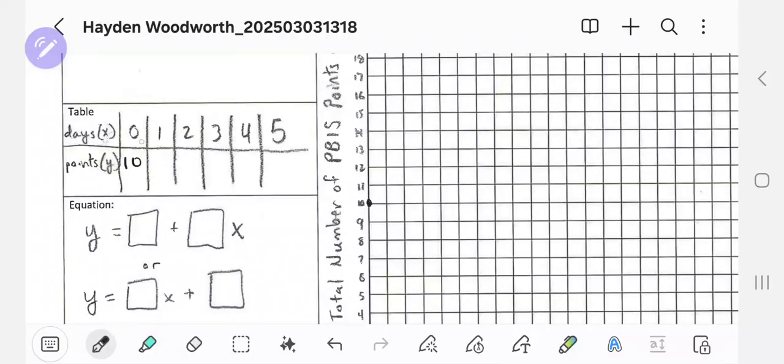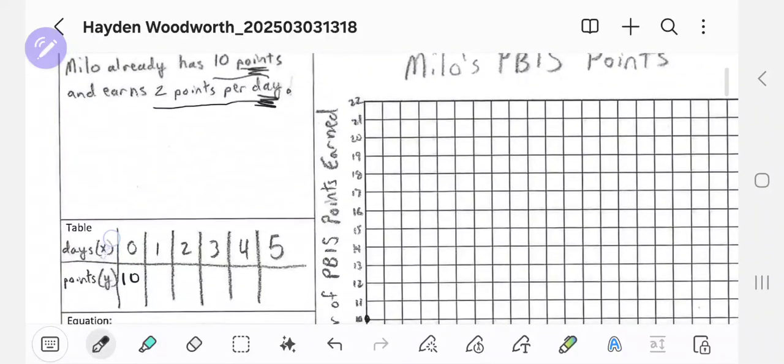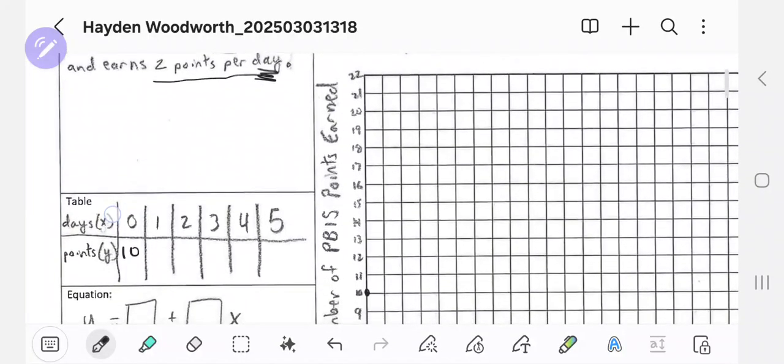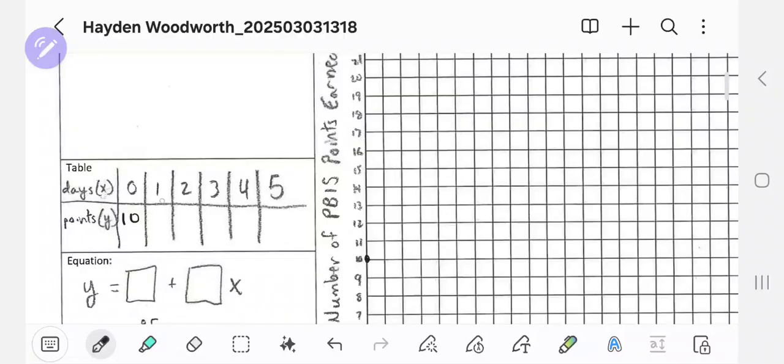Now, what is it going to increase by each day? There's still that consistent rate of 2 points being added every day. So we have 0, 10, but on the first day, he's going to already have 2 added to that. Second day, 2 added to that, 2 added to that, 2 added to that, and 2 added to that. So what patterns do we see that are similar?